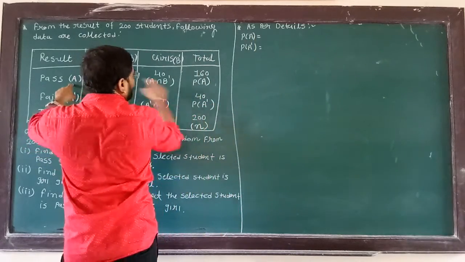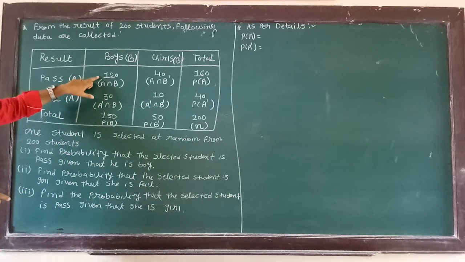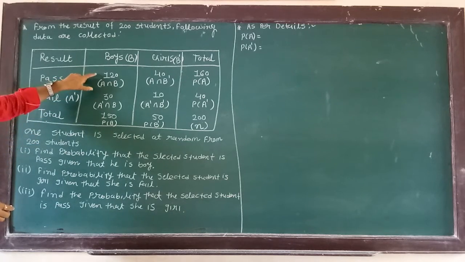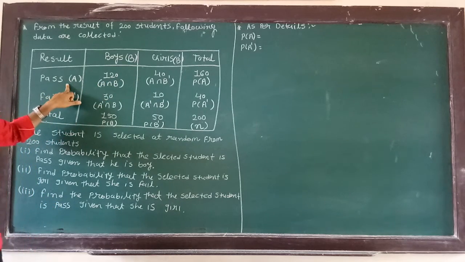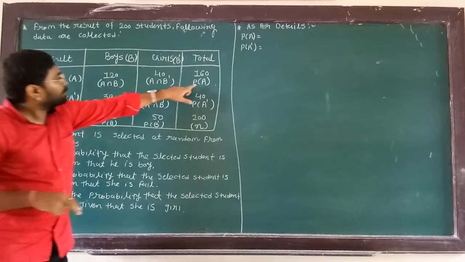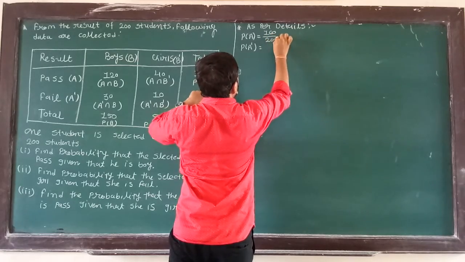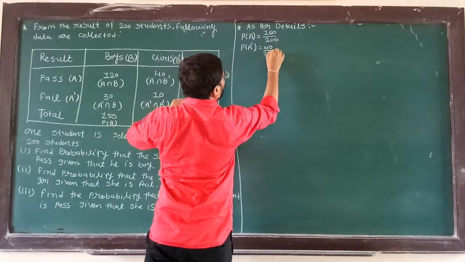See, P of A is how many? P of A is 160, right? 160 upon 200. P of A dash is 40, 40 upon 200.